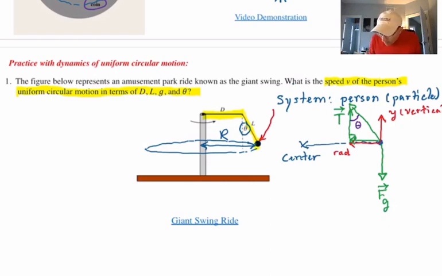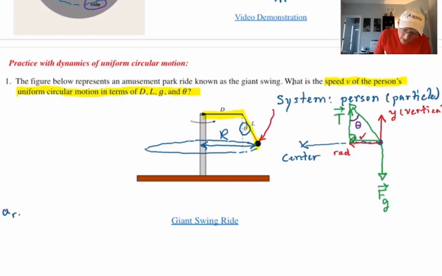Notice now then where the force towards the center is coming from. It's coming from the radial component of the tension, right there. But let's write down Newton's second law in component form, okay? And our two components are radial and vertical, or Y. So I'll start writing them over here.